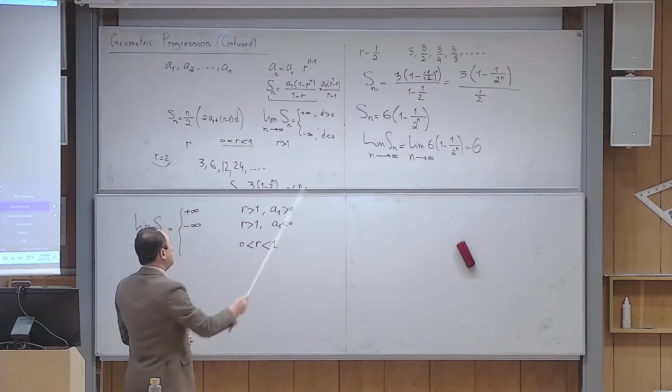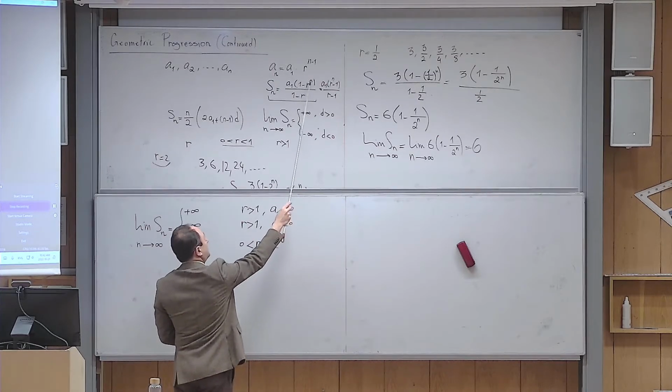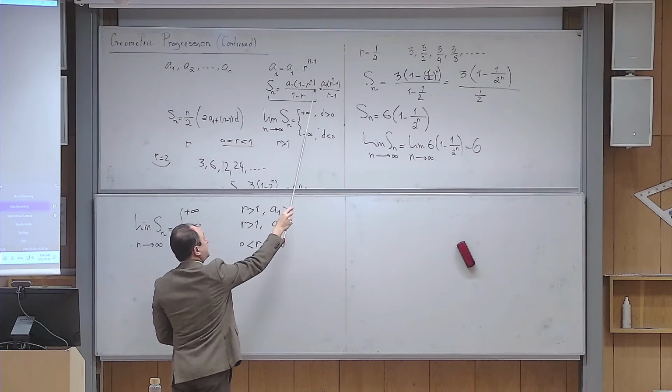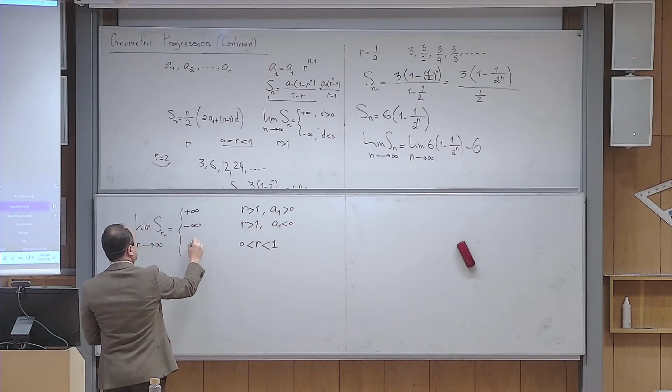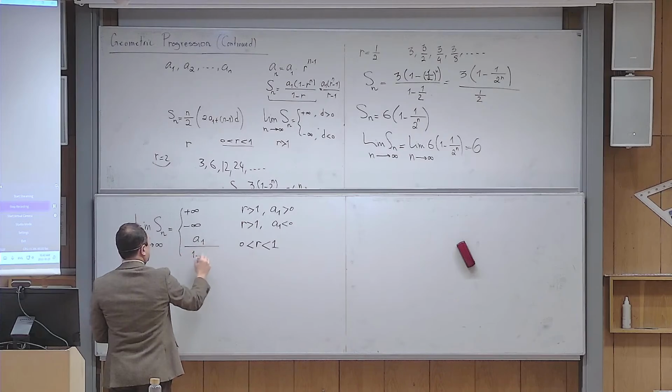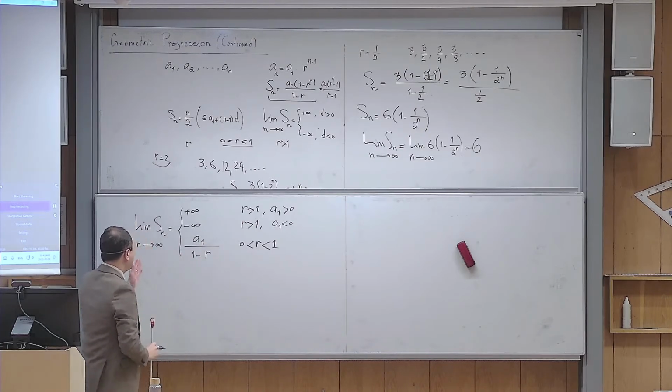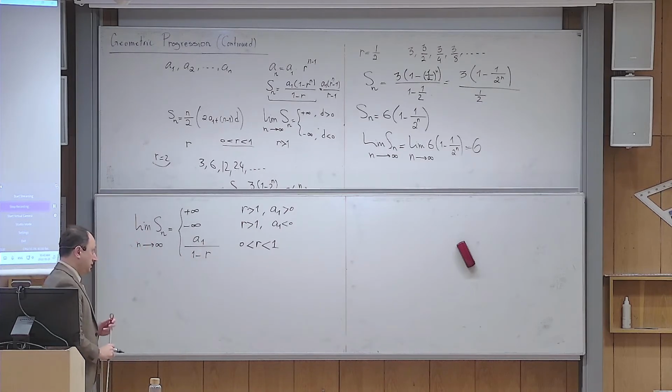So if I raise it to an infinitely large power, then nothing will be left from this term. So it will be 1 times a1 divided by 1 minus r, always.